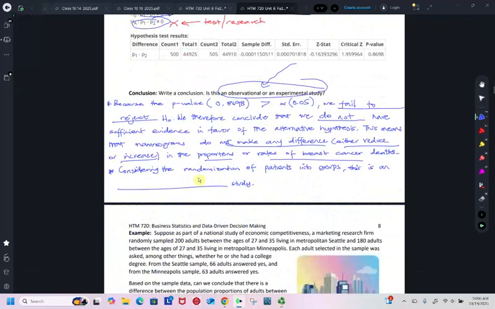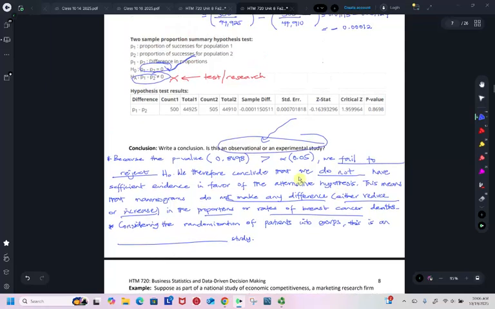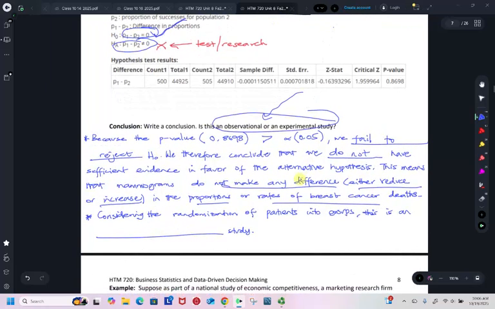So, considering the randomization of patients into groups, this is an experimental study. And for an experimental study, remember, a level of causation conclusion could be reached provided all the principles of a good experimental design are met.